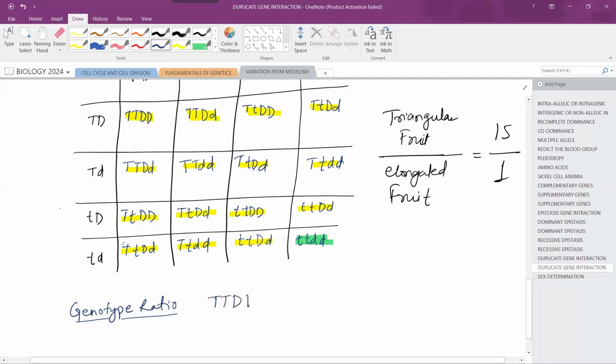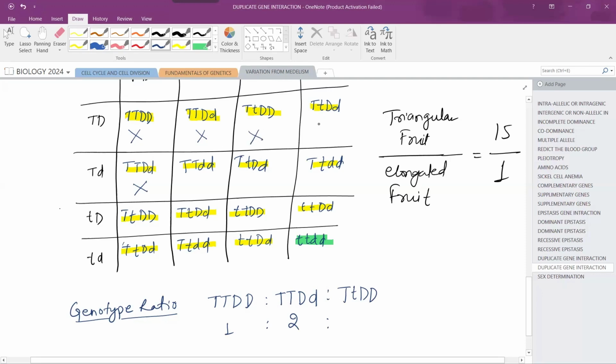Capital D, how many do we have of this genotype? 1. It is there. Yes, 1. And capital D, here is the 1. And 2, the next, here, 2. And the next one is this one.